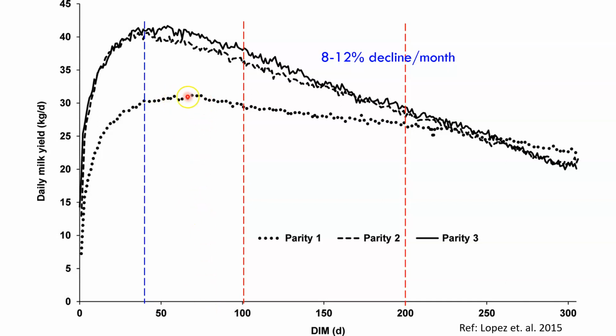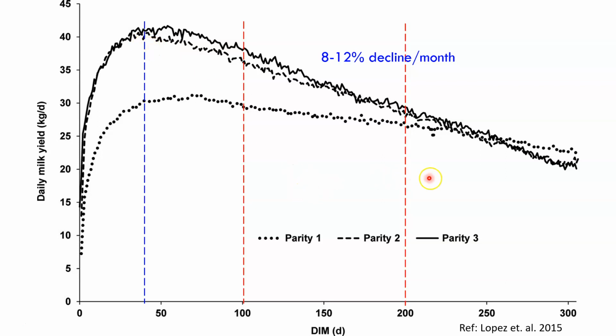So peak is around there. But as you go towards second and third lactation, the peak is somewhere around here, which is about 40 to 50 days, which is 6 to 7 weeks.